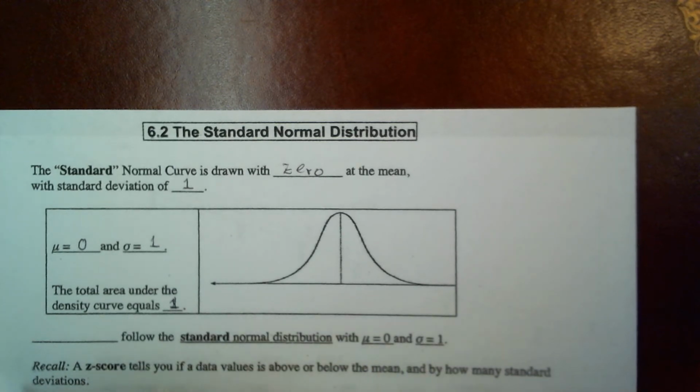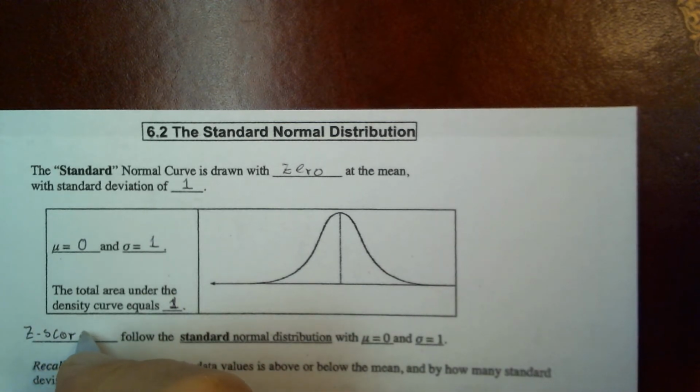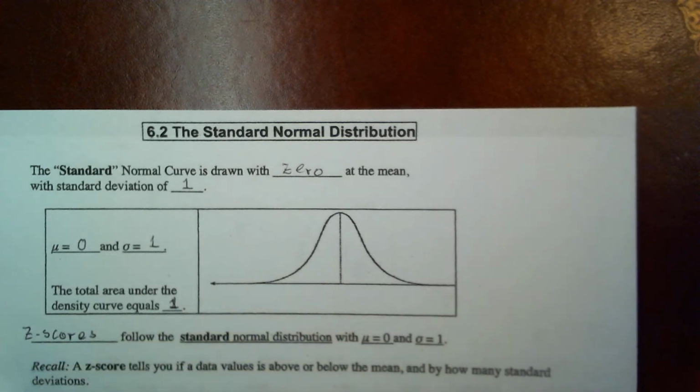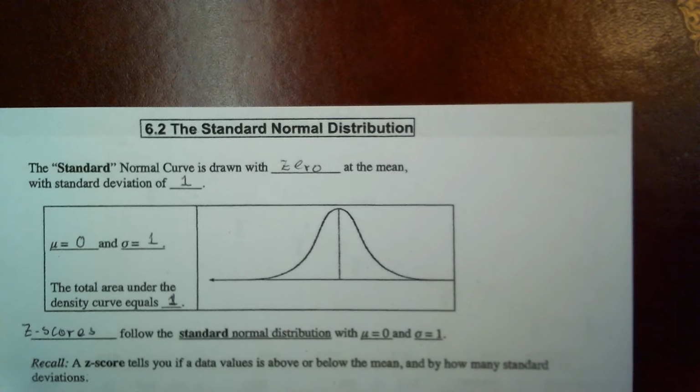So z-scores, and remember what a z-score is. The z-score tells you if a data value is above or below the mean, and by how many standard deviations it is below or above the mean. That was a z-score.